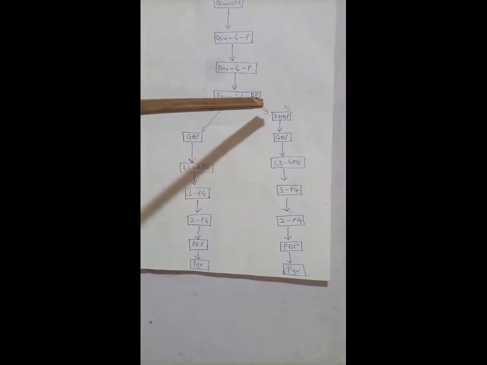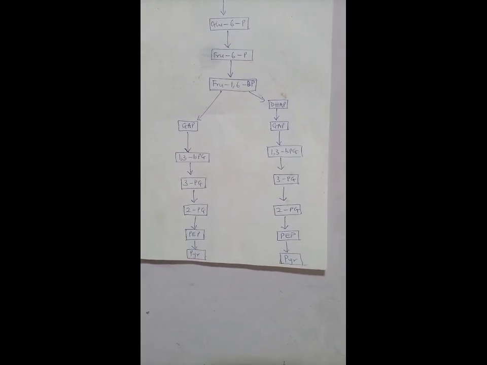Now, these steps, glucose, glucose 6 phosphate, fructose 6 phosphate, fructose 1,6 bisphosphate, splitting right down the middle into 3 carbon glyceraldehyde 3 phosphate and dihydroxyacetone phosphate, form the first 5 steps, known as the preparatory phase.